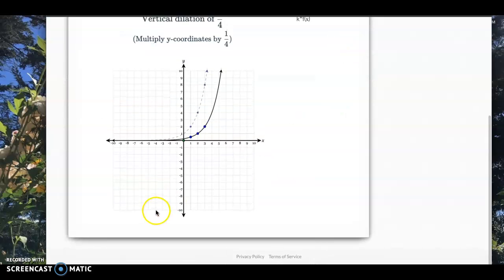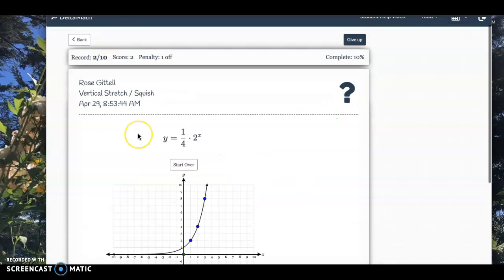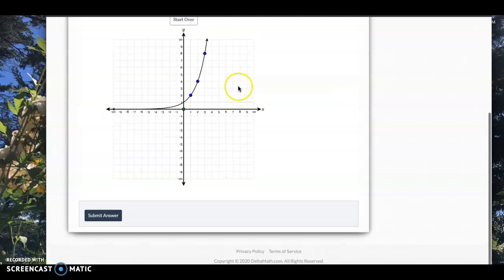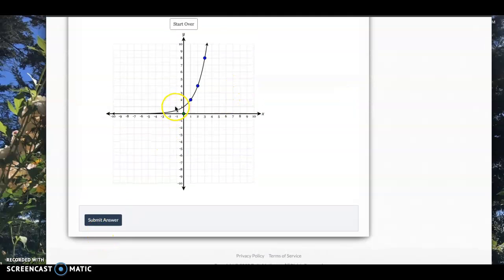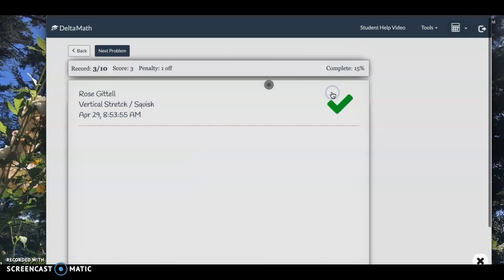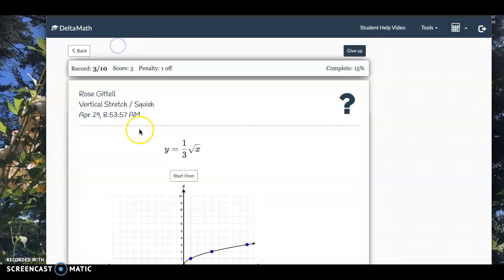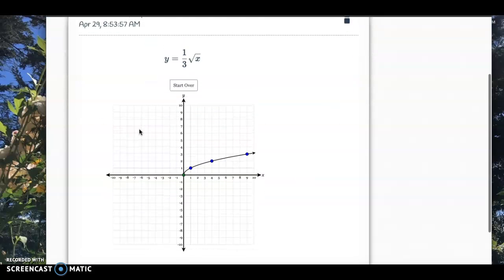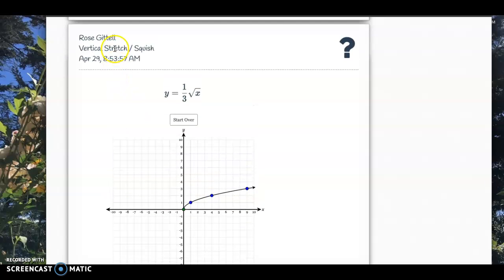All right, let's do one more. Okay, first thing I'm going to ask myself, is this a stretch or a squish?